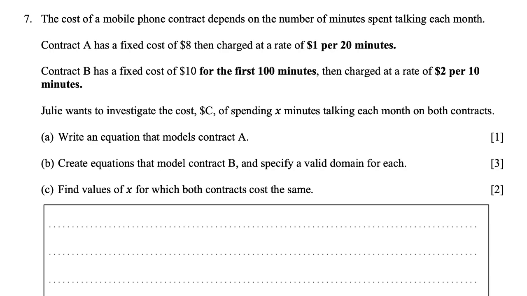Julie wants to investigate the cost, C, of spending X minutes talking each month on both contracts. A, write an equation that models contract A. B, create equations that model contract B and specify a valid domain for each. C, find values of X for which both contracts cost the same. So please take 6 minutes to attempt this question.